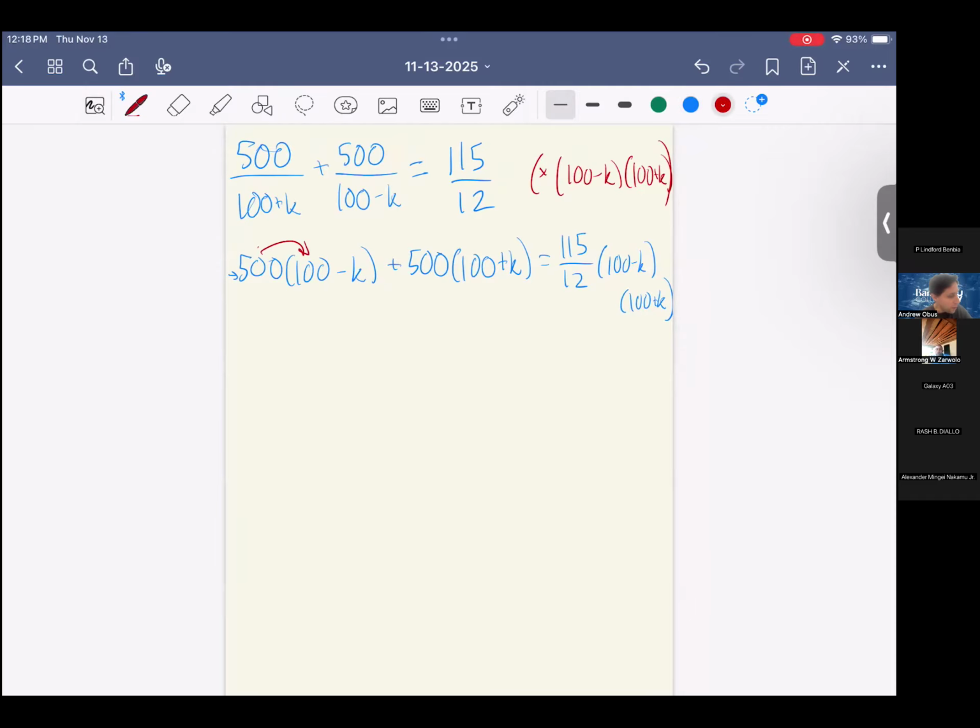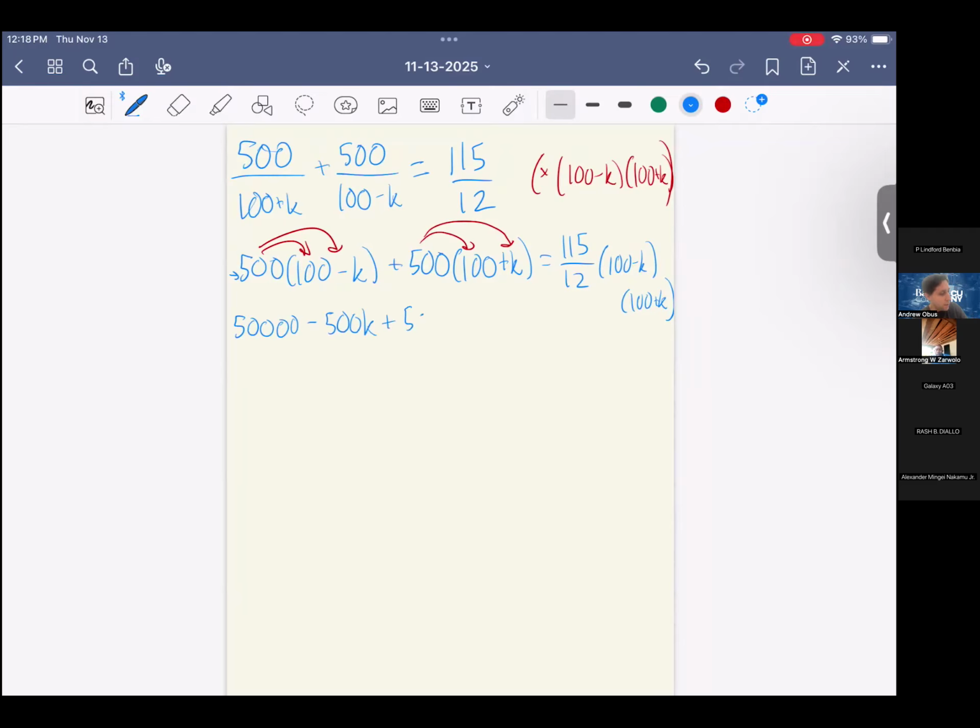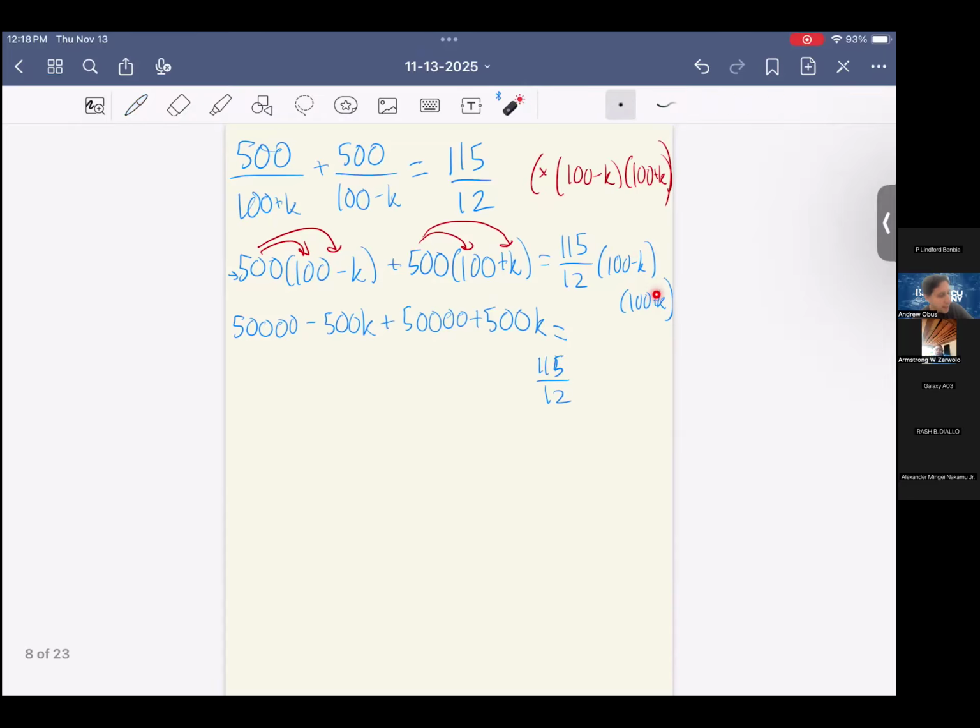This should look familiar because it's exactly what we did the last time, right? So here we're going to have 500 times 100, so that's 50,000 minus 500k plus 50,000 plus 500k equals, and now here we have 115 over 12 times 100 plus k times 100 minus k. That's a difference of two squares. So we get 100 times 100, which is 10,000 minus k squared.